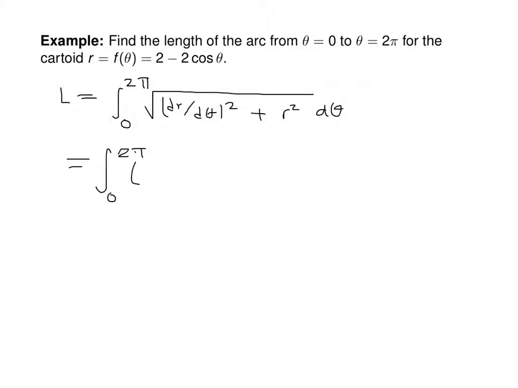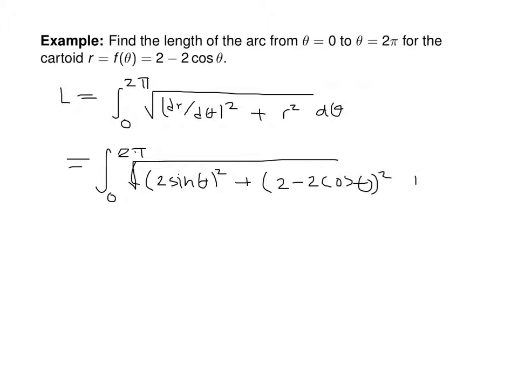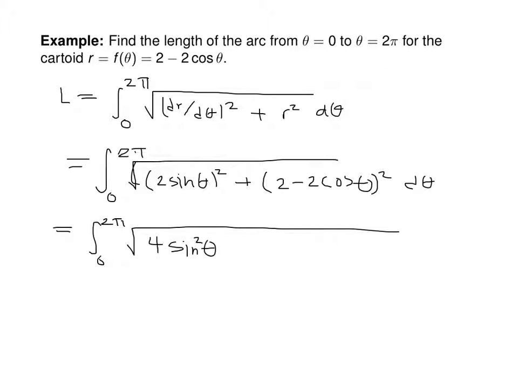The derivative of negative cosine will be positive sine, so we'll have 2 sine of theta, the quantity squared, plus 2 minus 2 cosine of theta, that quantity squared. So 4 sine squared theta plus 4 minus 4 cosine of theta plus 4 cosine squared theta d theta.